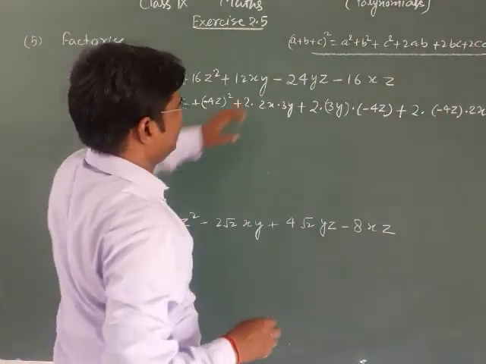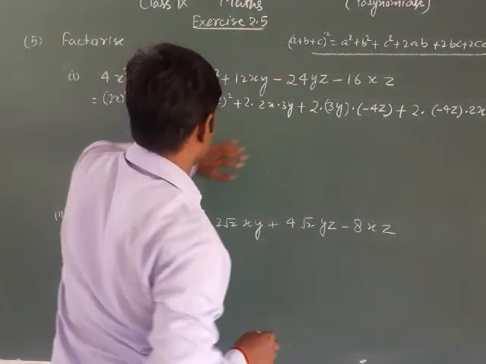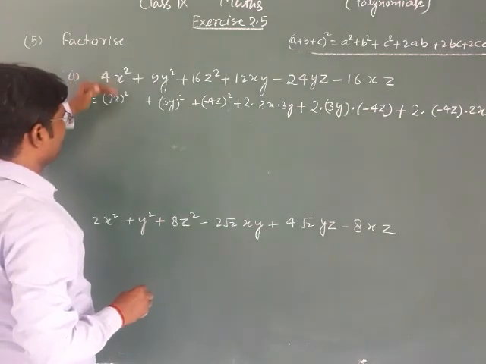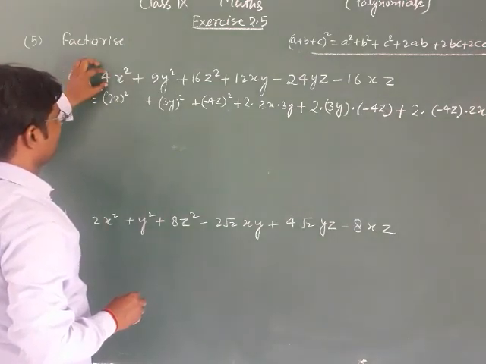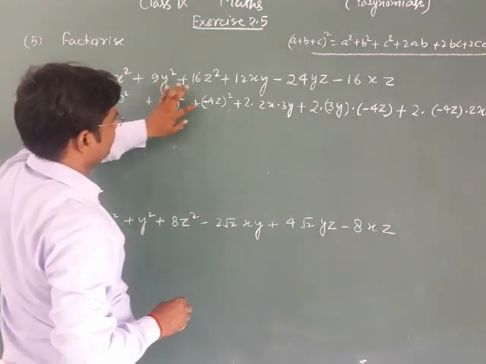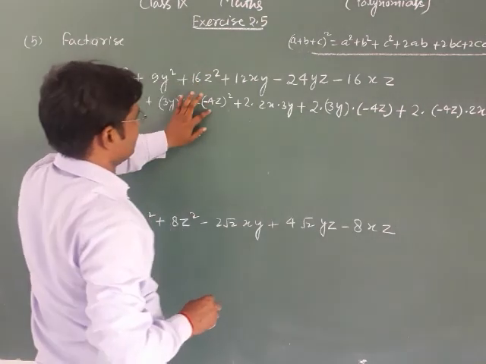Now use it in this way. You can write 2x square, 3y square, 4z square.